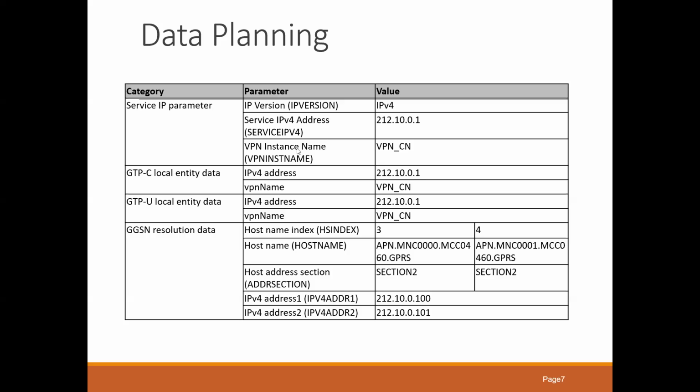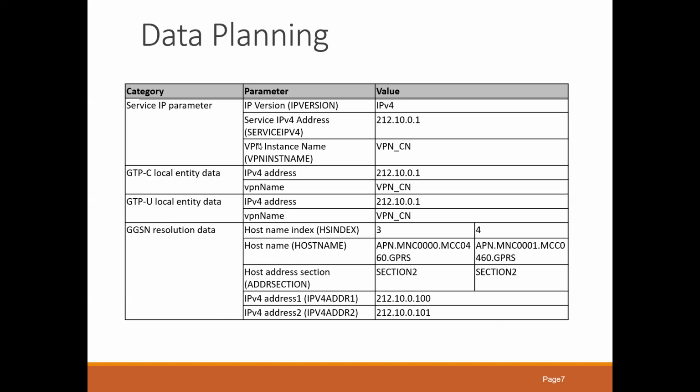Your SGSN is basically responsible for selecting the GGSN based on your APN. In different operators, the configuration is different. Maybe you have specified that APN1 will be served by GGSN1 and APN2 is served by GGSN2.